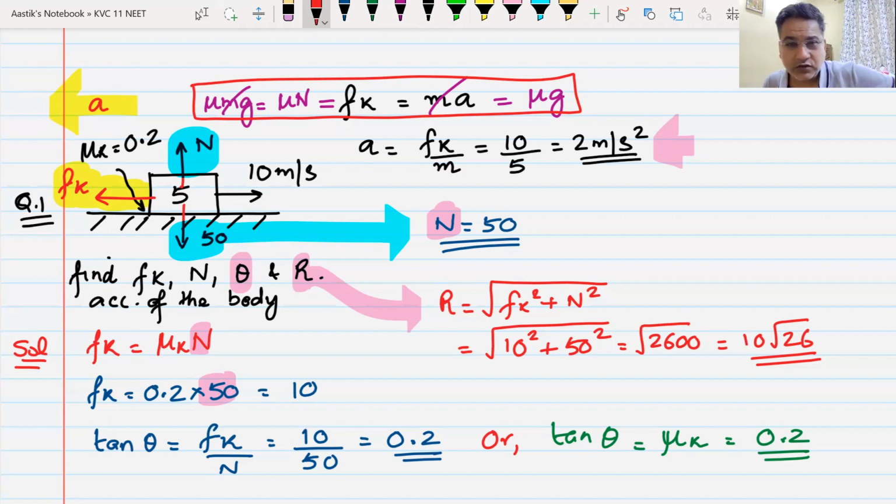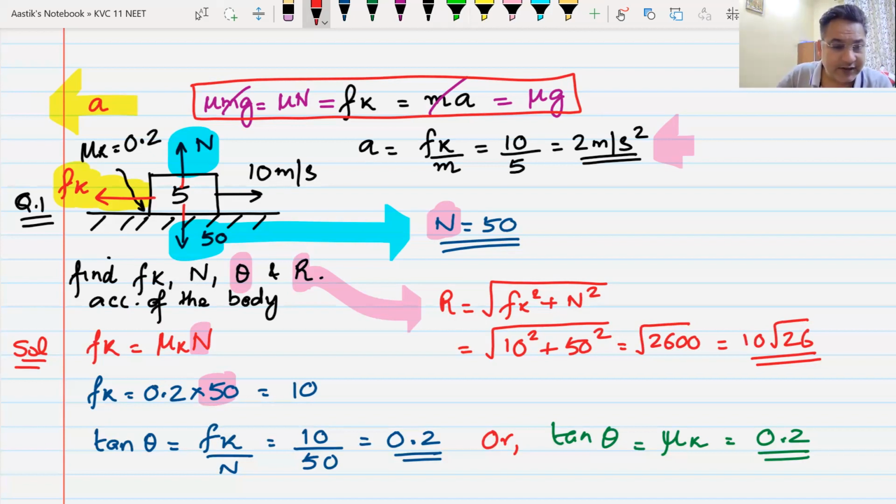Mu is 0.2, g is 10, multiply 0.2 by 10, you will get 2 meter per second square. That is the acceleration of this body in the backward direction. Do we understand this? Yes or no? Everyone understands this?